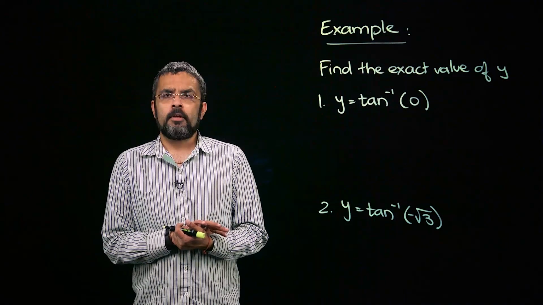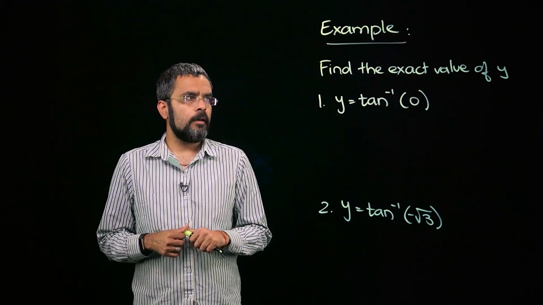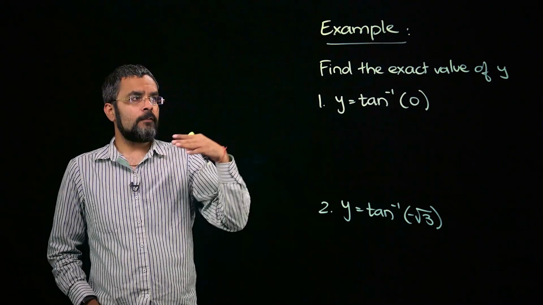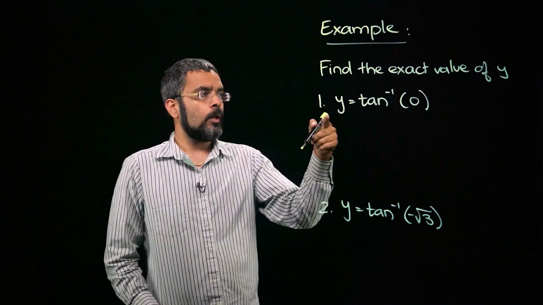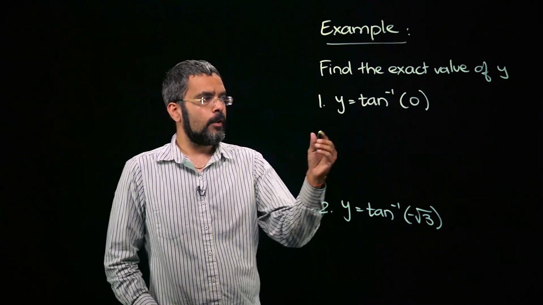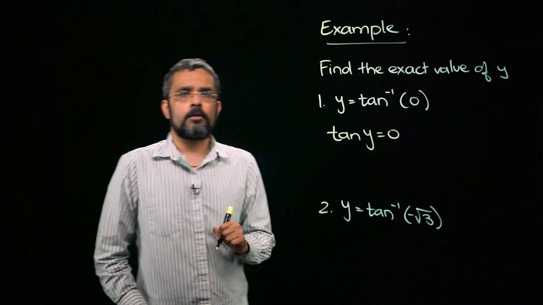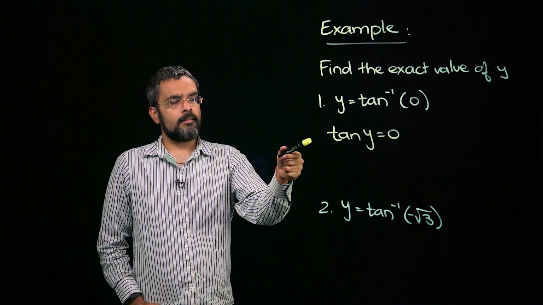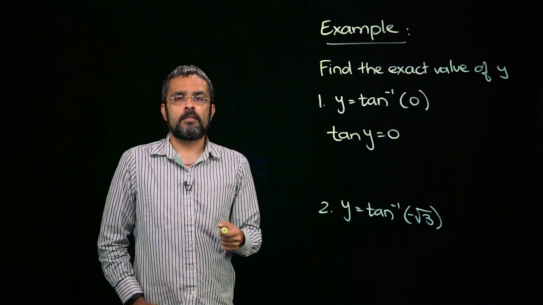So let's take an example here. We want to find the exact value of y. In the first case, y equals tan inverse of 0. Now, according to the definition of the inverse tangent function, we know that y equals tan inverse of 0 if and only if tan of y equals 0. Okay, so basically what we want is an angle such that tan of that angle is going to be 0.